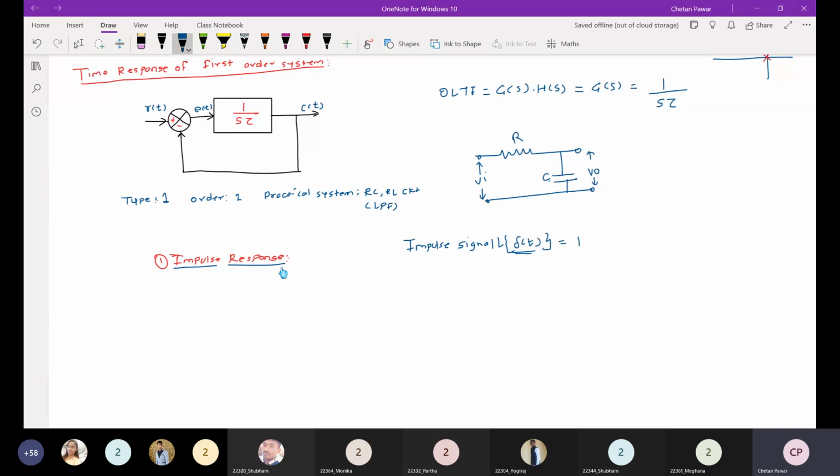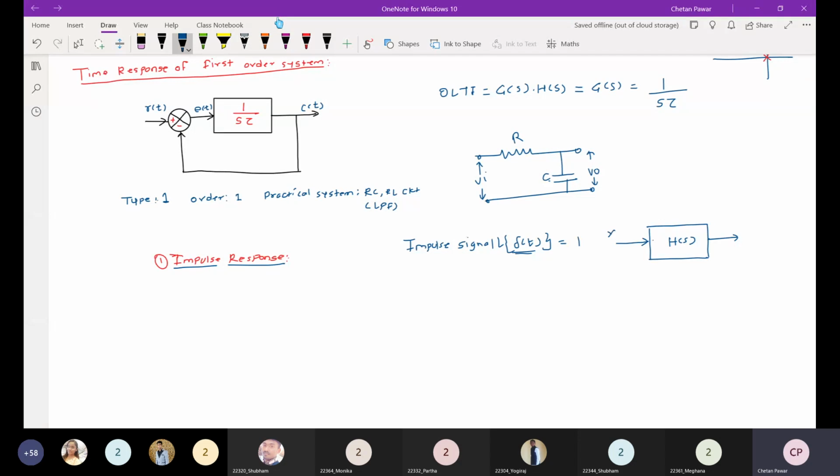But what about the impulse response? What is meant by impulse response? So this is a control system, an LTI system, and H of s is its transfer function.